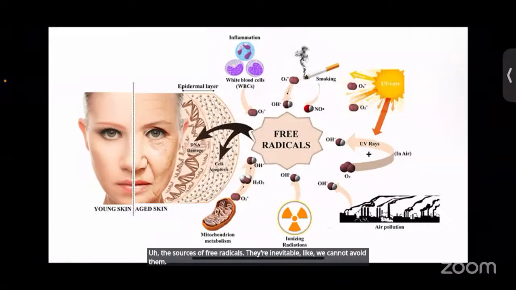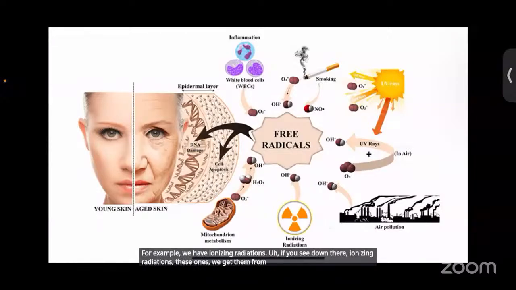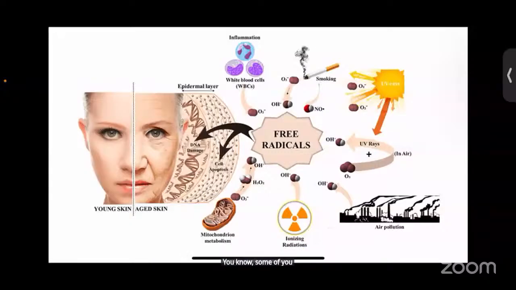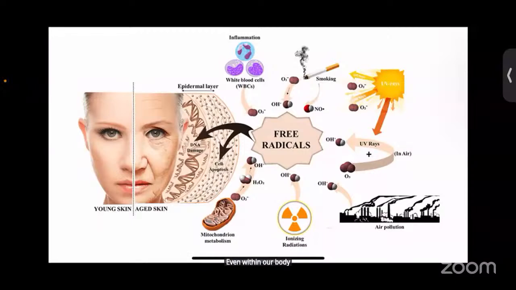For example, we have ionizing radiations. If you see down there, ionizing radiations, we get them from AC. Some of you have ACs in cars and in our offices, and that is one of the sources of ionizing radiations. Even within our body, metabolism and air pollution produce a lot of free radicals.